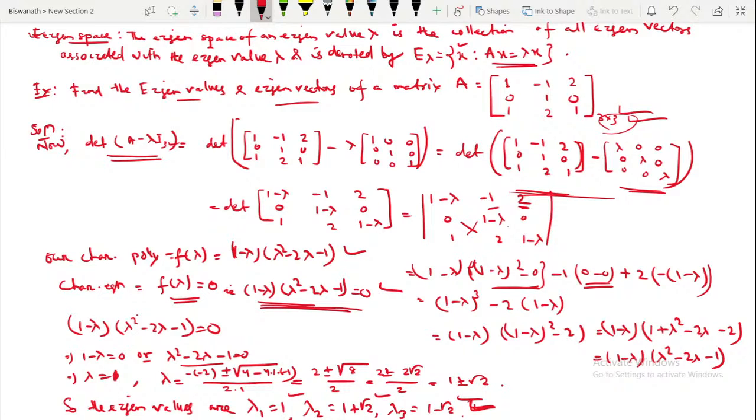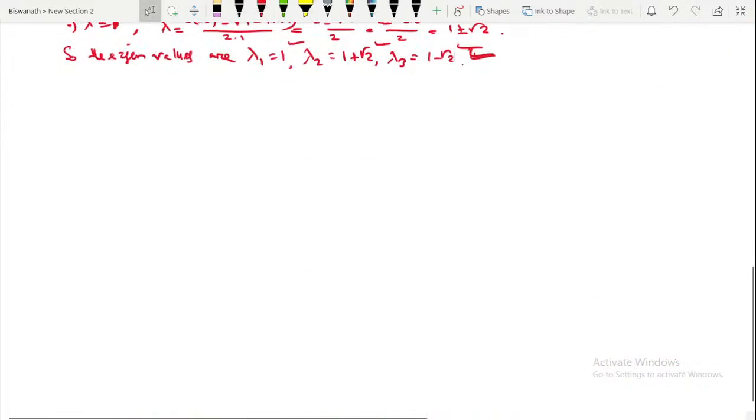Now find the corresponding eigenvectors, and you know how we have to find them. We will find the corresponding eigenvector by the formula Ax equal to lambda x. First we will find for lambda 1 equal to 1.